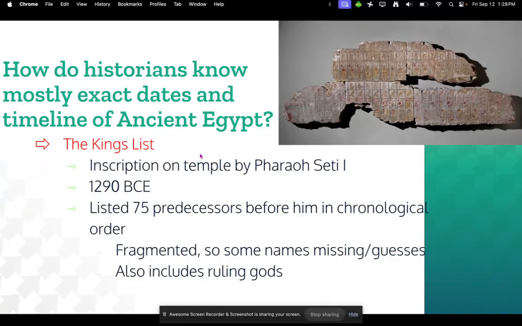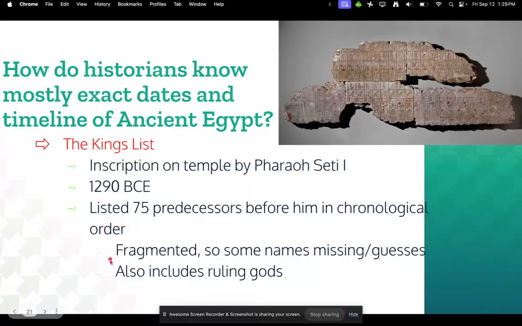The King's List is an inscription on a temple by Pharaoh Seti I. This is an actual picture of what the King's List looks like. Pharaoh Seti I died back in 1290 BCE. And this is really important because it listed 75 predecessors before him in chronological order. That is how historians know exact dates of when pharaohs ruled.